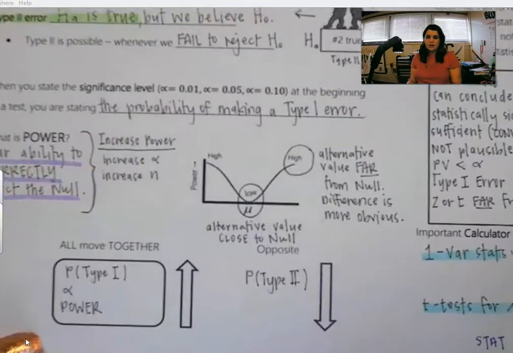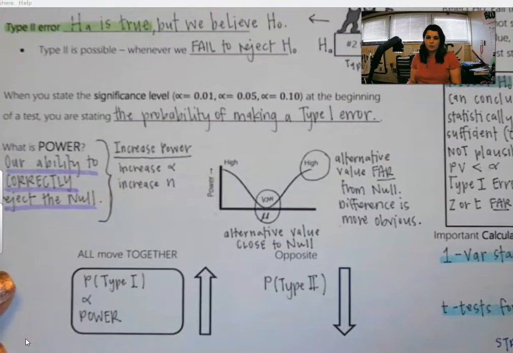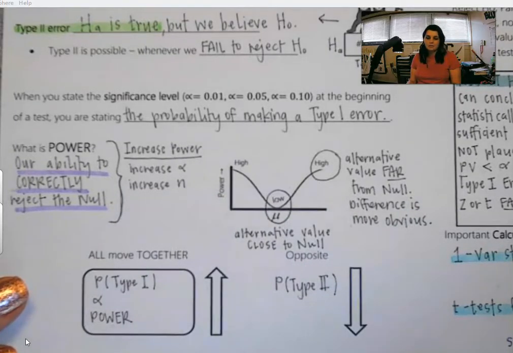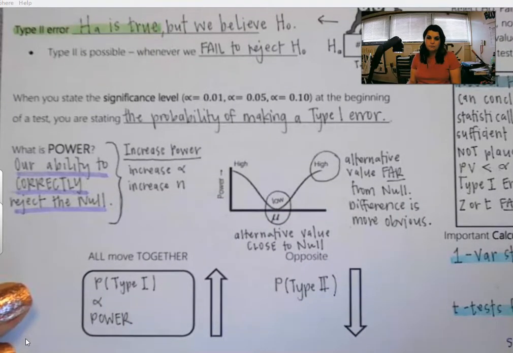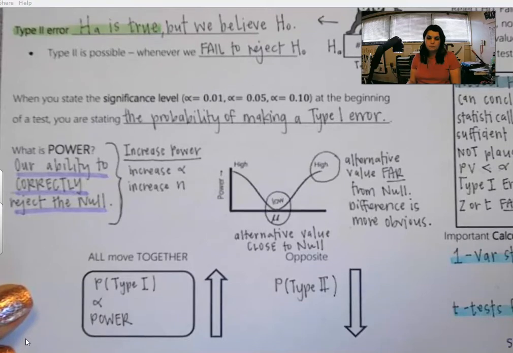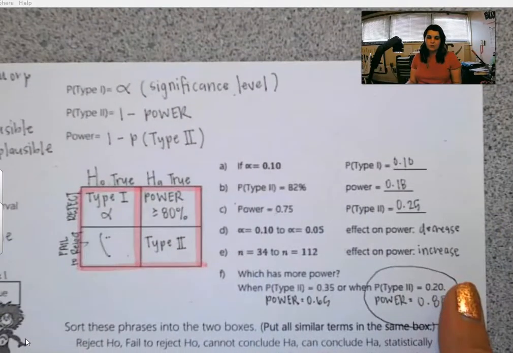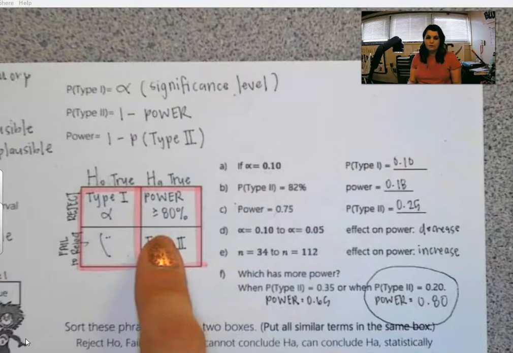This is talking about the relationship between power, significance level, and alpha. Next up, we have some formulas that relate alpha, power, and type 2 errors. We have our little graphic.